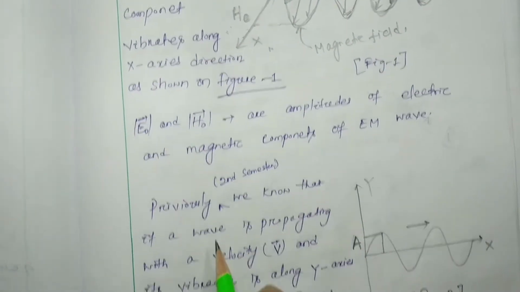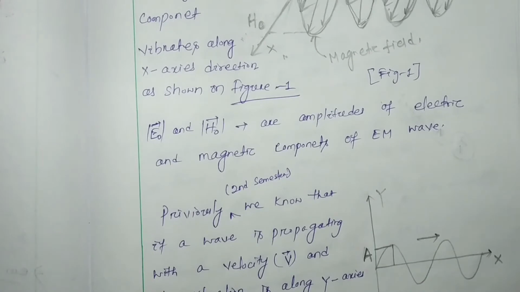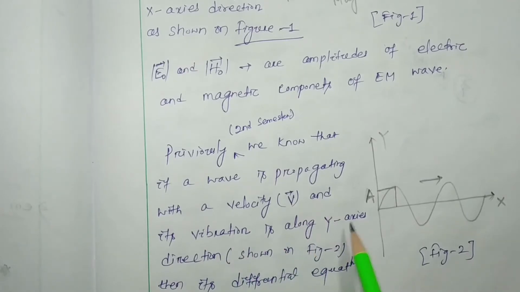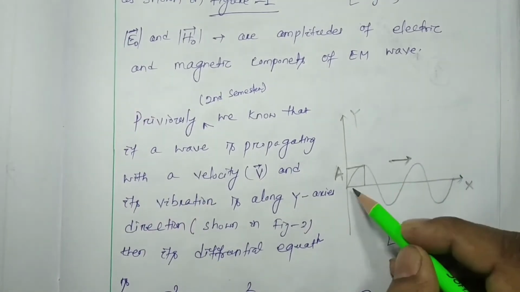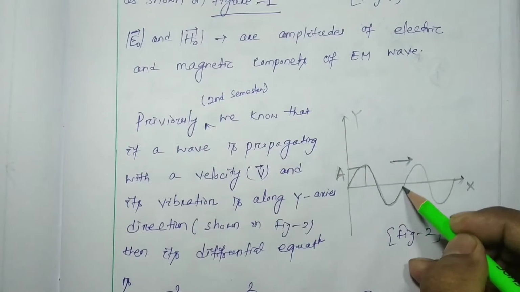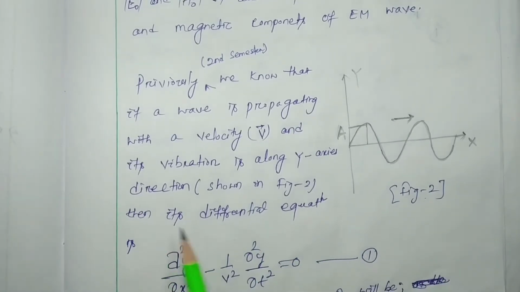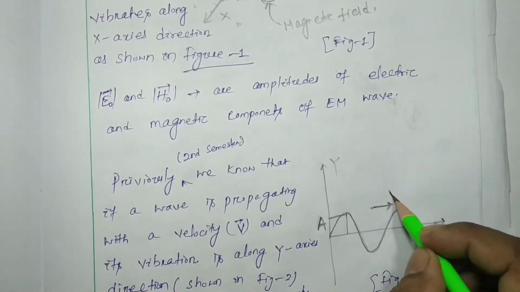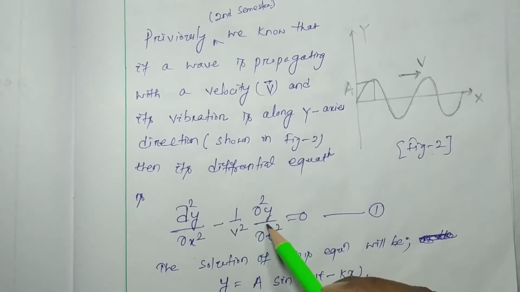We know that if a plane wave is propagating with a velocity v along the x axis and its vibration is along the y axis, which is shown in figure 2, then its differential equation is del square y by del x square minus 1 by v square del square y by del t square equal to 0.